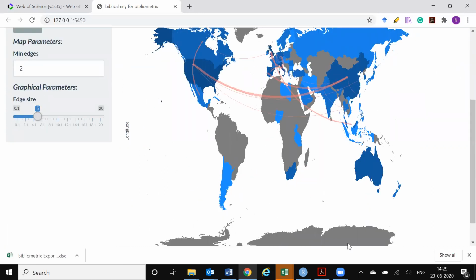So this gives a good idea and a good macro view of your research area. After this, one needs to get more micro to understand each article which has been published, and that would be my next video on the subject.